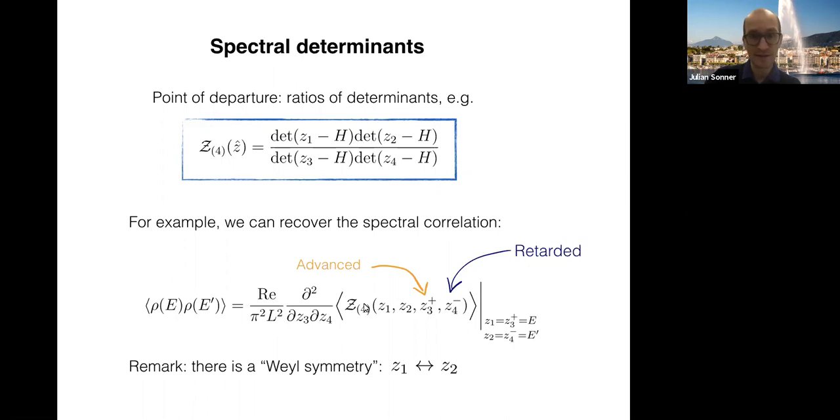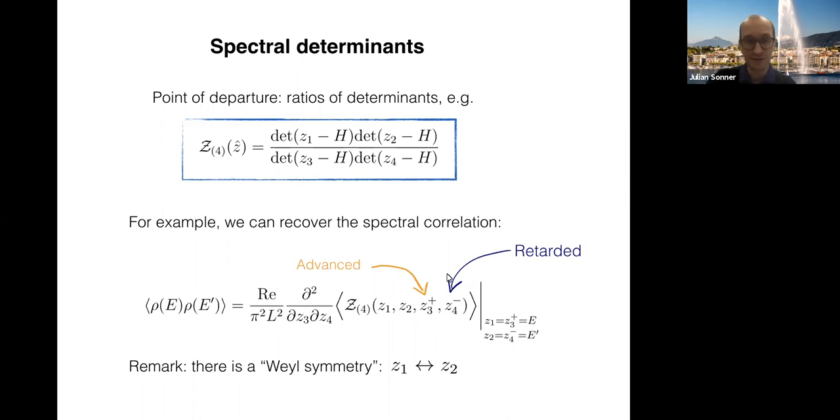So I take Z4, I differentiate it with respect to 2 of the energies, and then I set the energies equal in pairs. What is important here is that you actually have to be careful about where in the complex plane you put the z's in the denominator. One of them has to be in the upper half plane, and the other one has to be in the lower half plane.